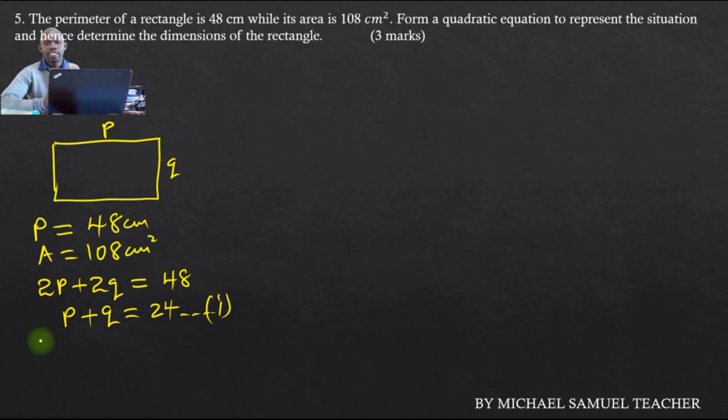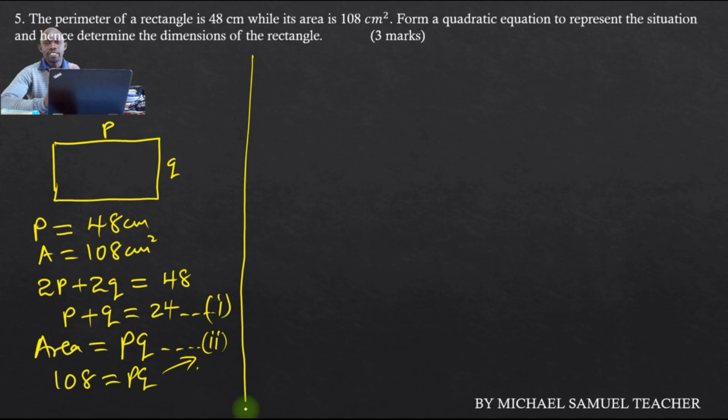Then area will be equal to length times width, which is pq centimeters squared. We can call this the second equation, where area 108 is equal to pq. Now from the first equation we can make q equal to 24 minus p. That equation we substitute into the second equation.